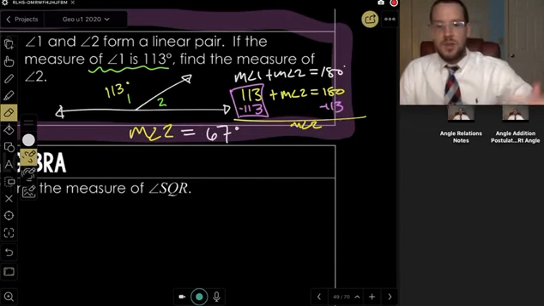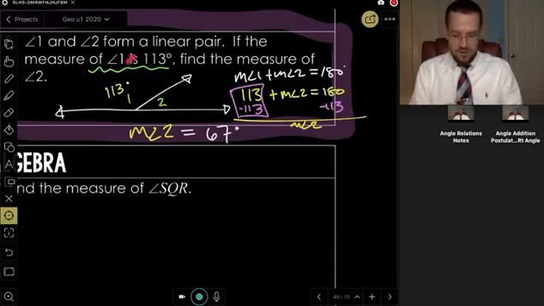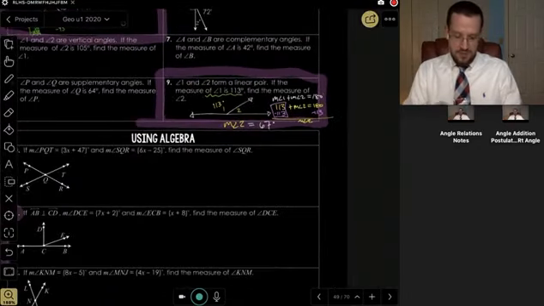So again, we're using words, language, and we're making a figure, geometry, then using what we're told to make an equation and solve the equation. Okay? Now let's mix them up.